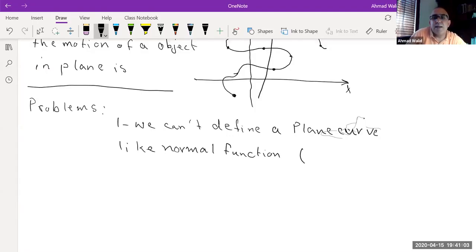What does it mean? It means I don't have these coordinates x, y. I cannot define that. When it's x, how much is y?